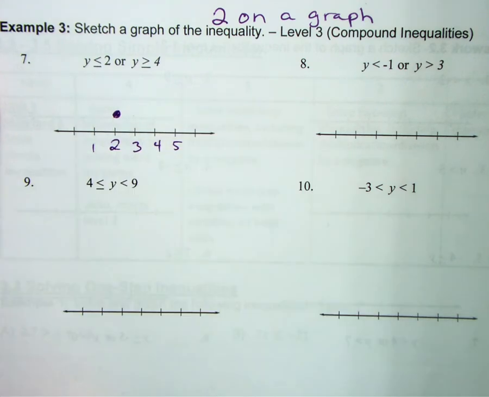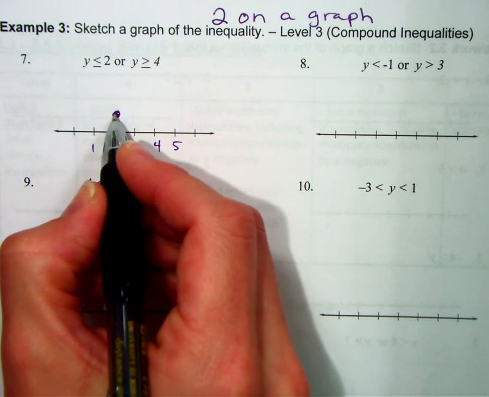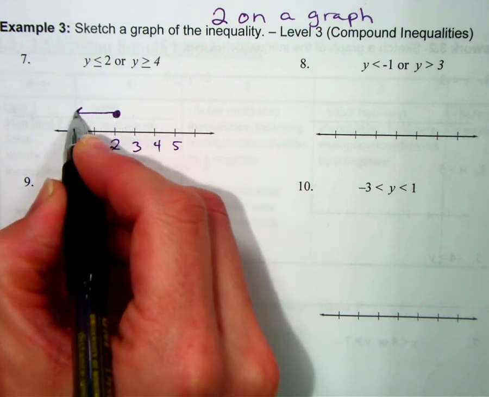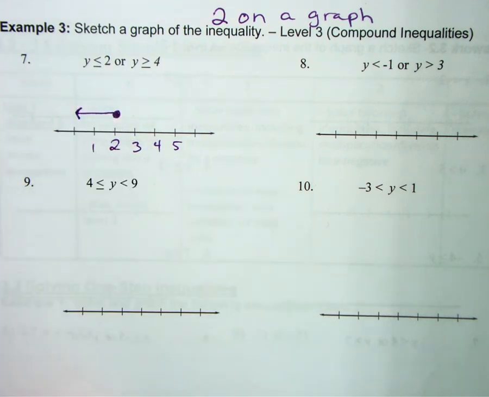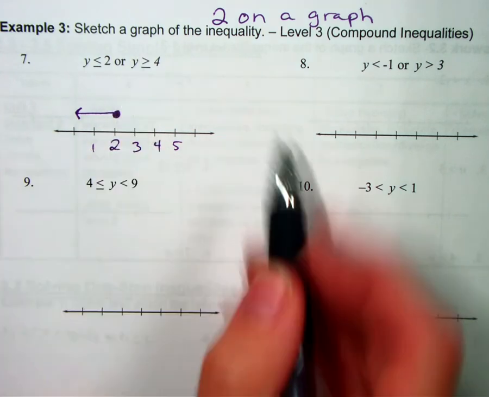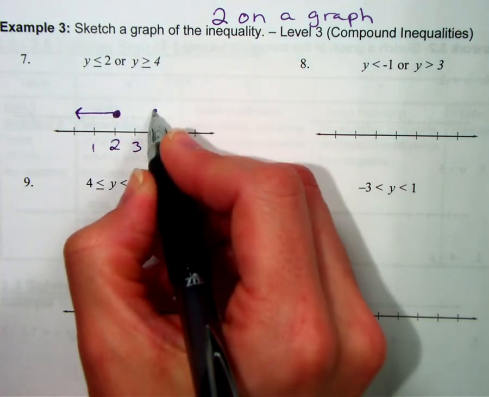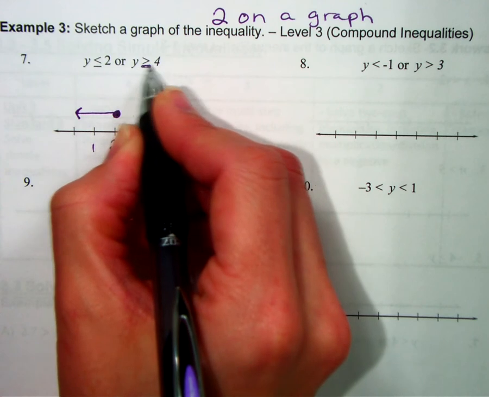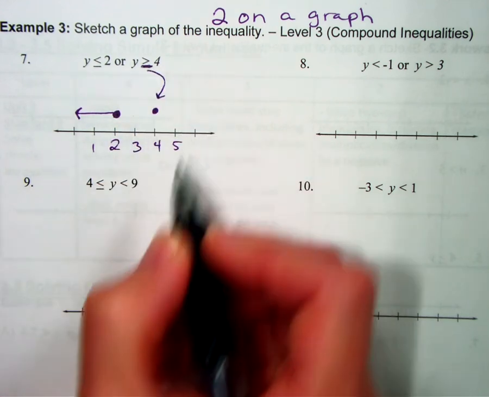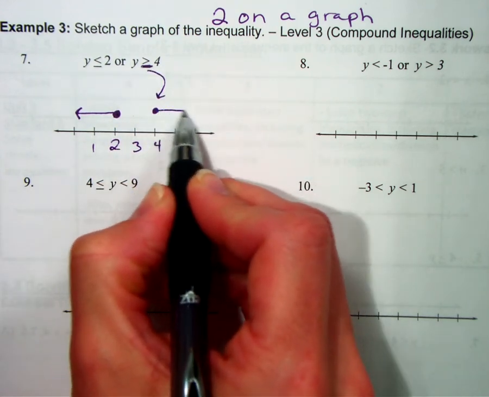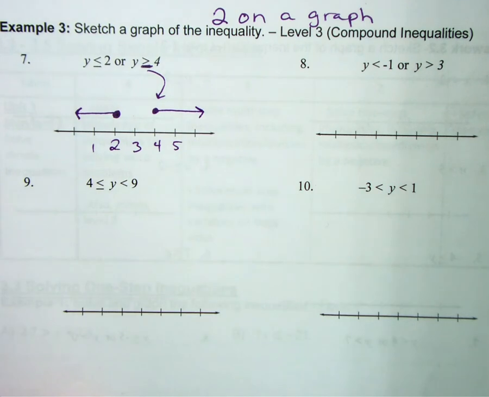Fill in that circle for 2. And then it says less than, so it's going to be this way. And then y is greater than or equal to 4. So again, we've got this filled in circle because of the line underneath. Line underneath means you fill that circle in. And the arrow is going to go that way. Got that?